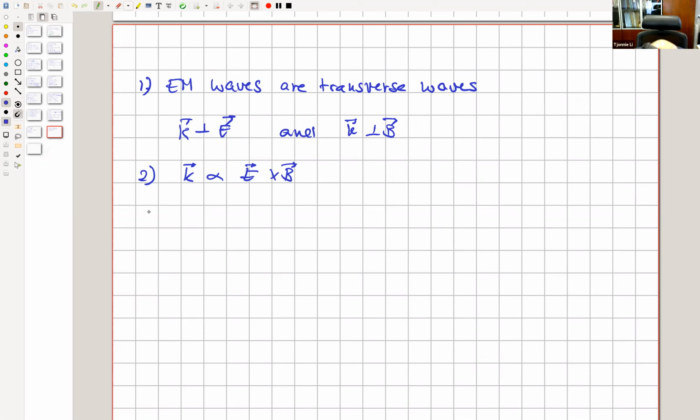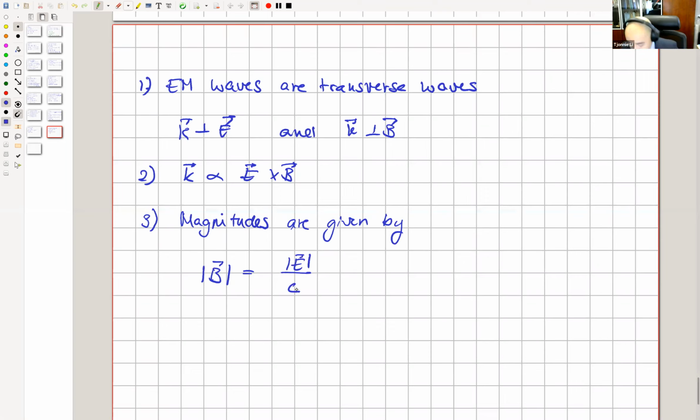And finally, three, the magnitudes are given by the magnitude of B equals the magnitude of E over c.